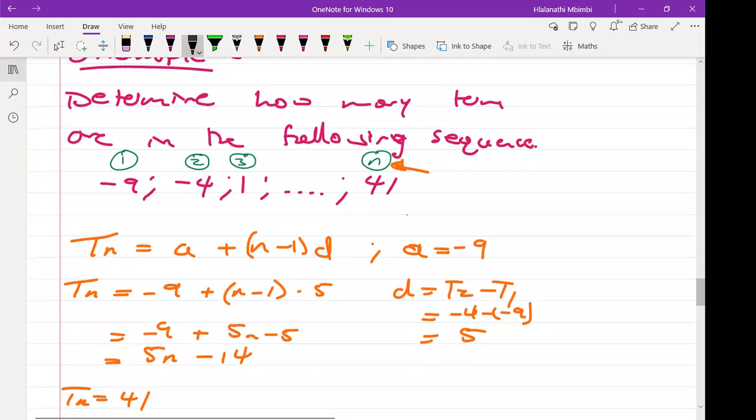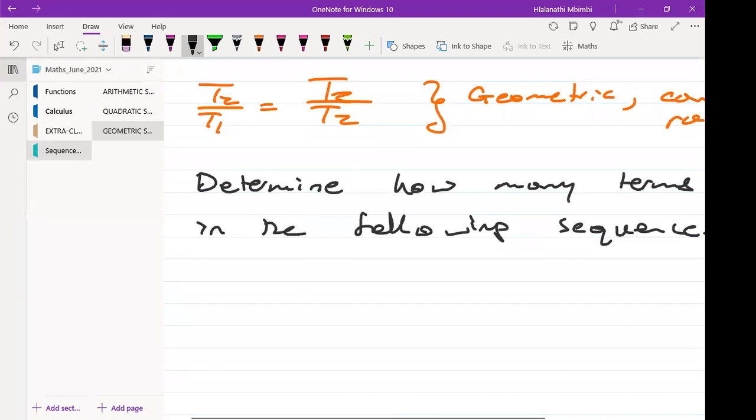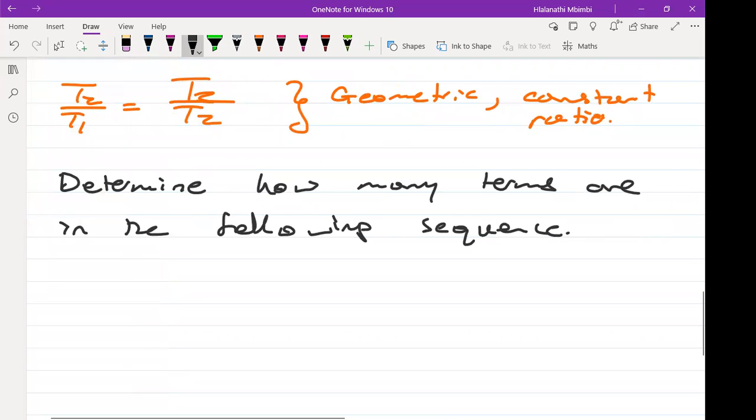So I'll phrase it in such a way that you're not losing: determine how many terms are in the following sequence, and determine the 50th term.